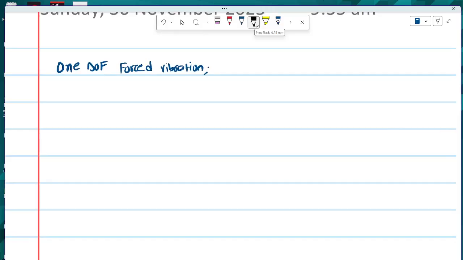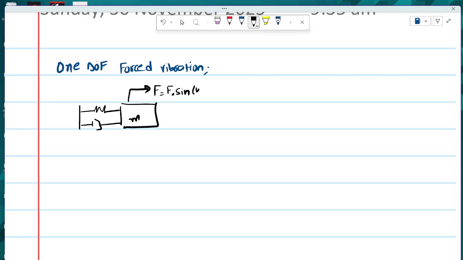So we know that if we have a mass spring damper system that is being excited by a harmonic force, let that harmonic force equal F naught sine of omega t, with k as the stiffness constant and c as the damping constant. We will have the general equation of motion for our system: m x double dot plus c x dot plus kx equals not 0, rather we have a force f of t.